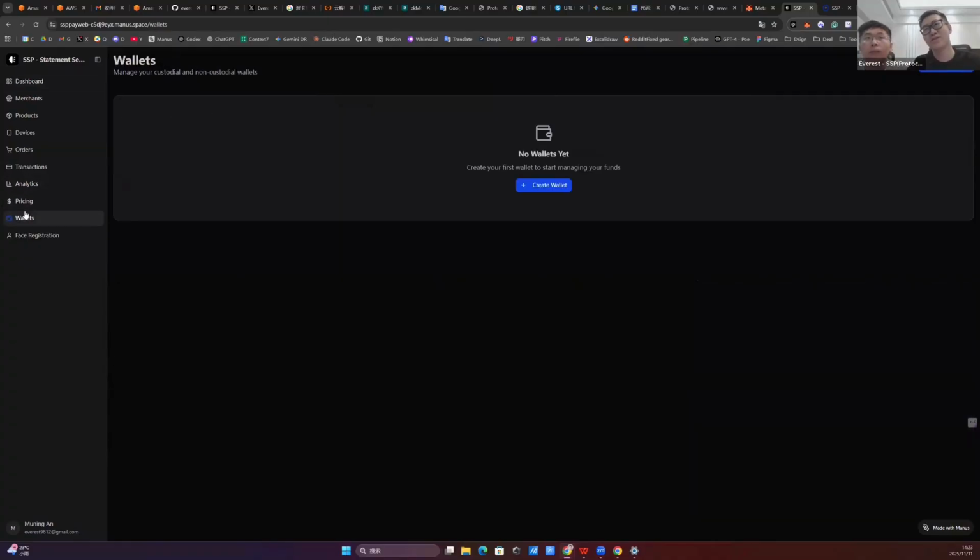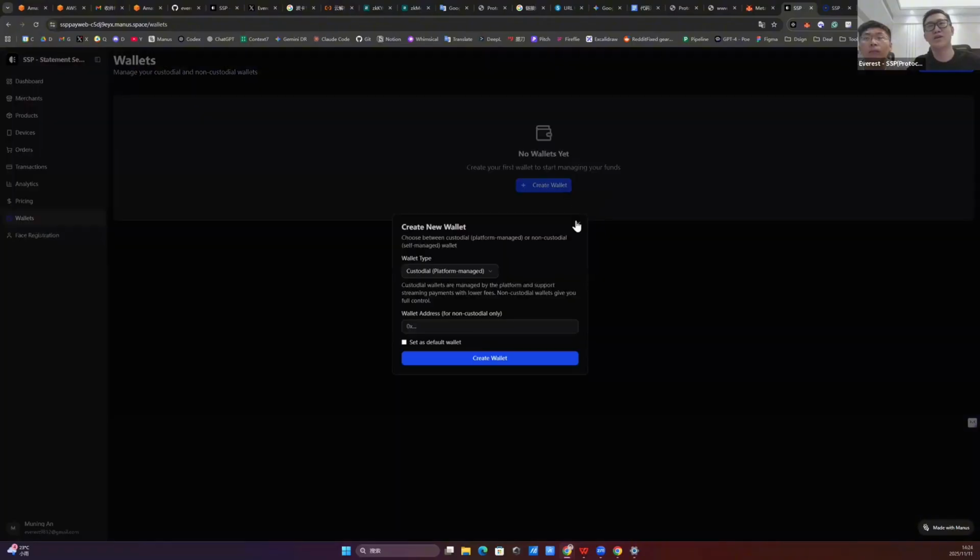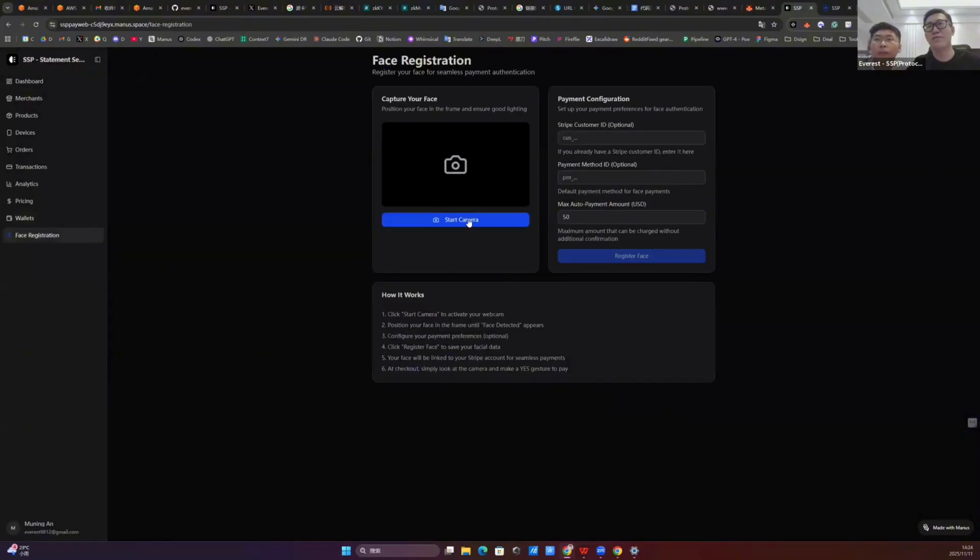And for the user, the traditional customer, it's even easier. Just connect a wallet and verify the face, and the account is finished. It's really easy to use because right now, for user adoption, we don't want to build more hardware.